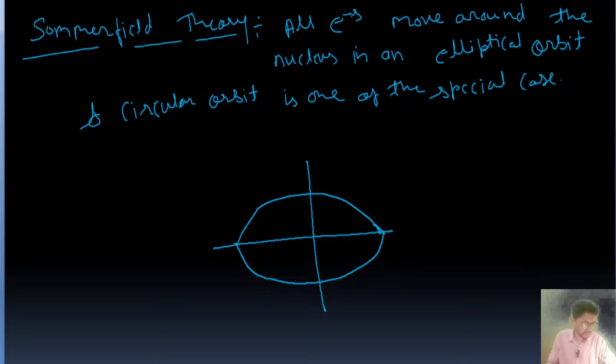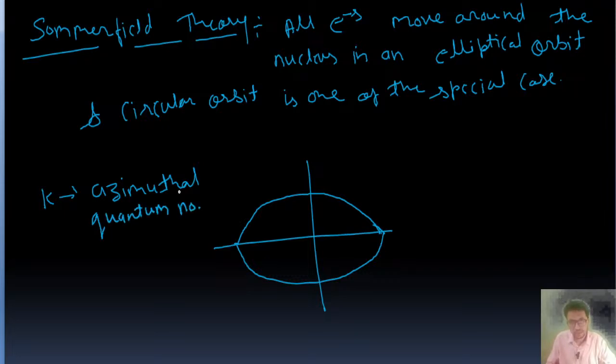Okay, and there is a K. K is the azimuthal quantum number, which Sommerfeld introduced.